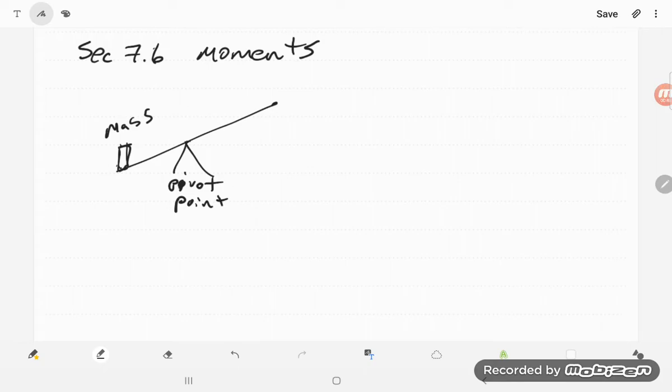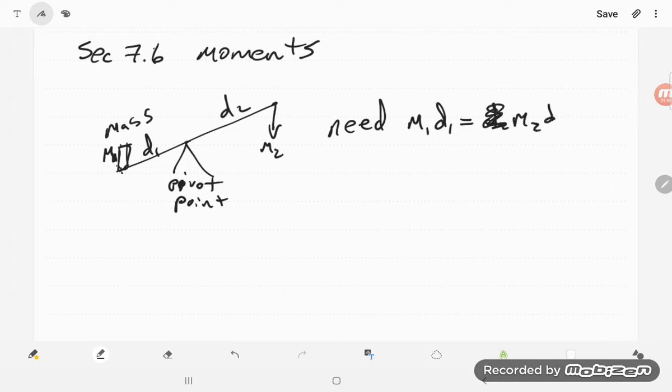Then what physics has figured out is that in order to push down on this and make this move, if this is a mass m1 at a distance d1, and this is a distance d2, in order to make this thing move, with some mass m2 by pulling down on it, you're going to need m1 d1 to equal m2 d2.